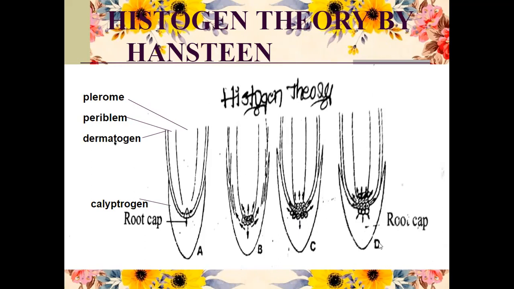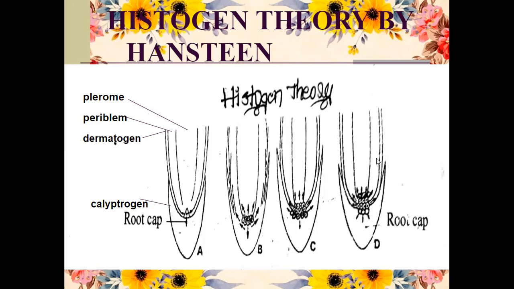And the last one is the monocot root terminal part. In the monocot root terminal part, 4 tiers of histogen tissues are present. The lower tier of histogen tissues develops into calyptrogen. The calyptrogen develops into the root cap. The second tier develops into dermatogen. Dermatogen develops into the epidermis of the root. The third tier develops into peribulum.